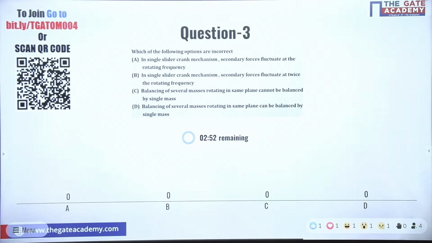So this is a question of balancing. It is an MSQ question, multi-select question.